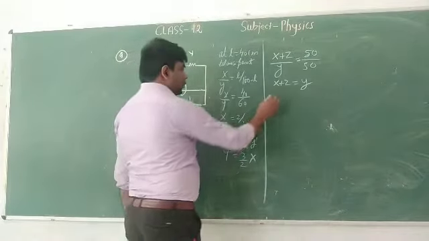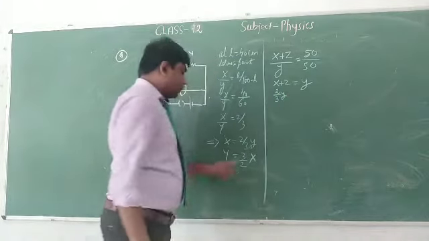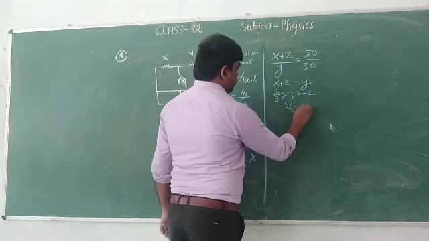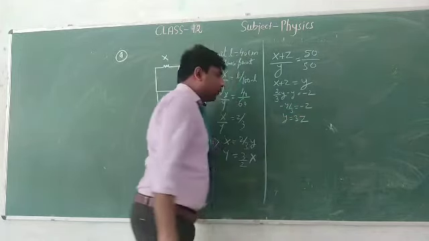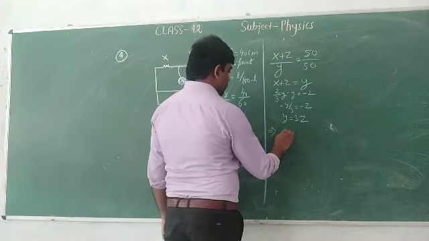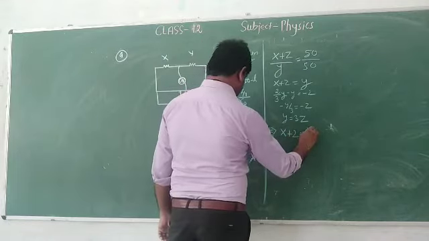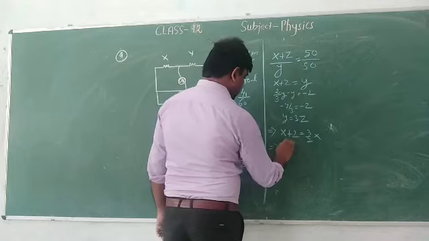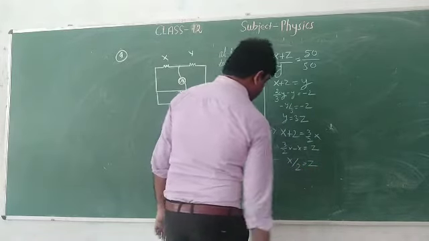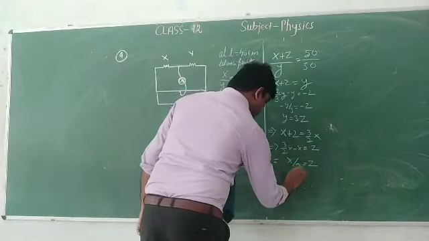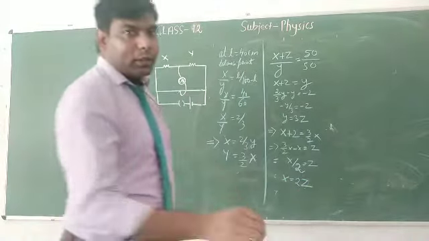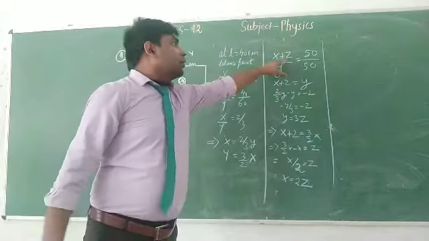Now see, instead of X we can write 2 by 3 Y. That is, we are getting Y is equal to 3Z, or X by 2 is equal to Z, or Y equal to 3Z, that is X equal to 2Z.